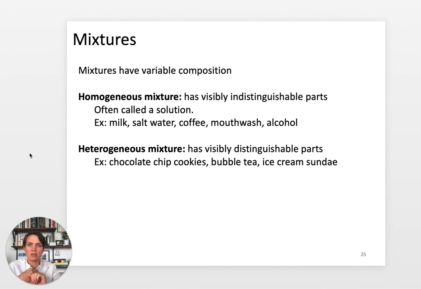Homogeneous mixtures are things where if you look at it, it looks just like one material. So a prime example there would be coffee with milk in it. It just looks like lighter coffee. It looks homogeneous. You can't see the milk in the coffee unless you drink soy milk, and then you can.